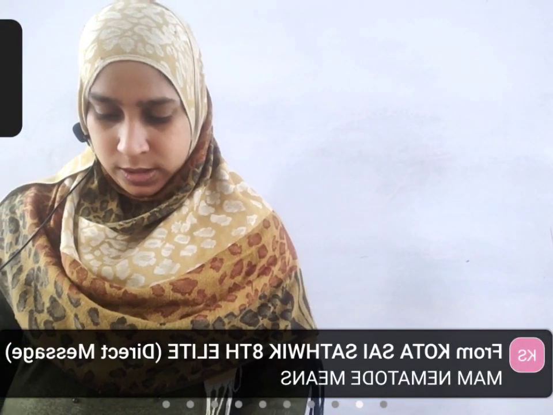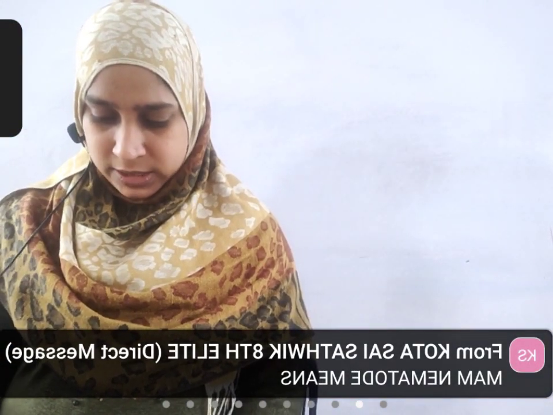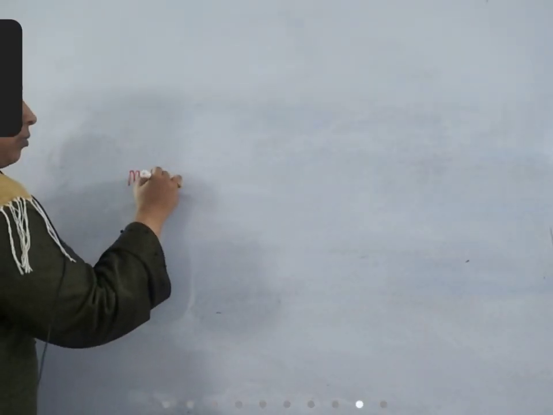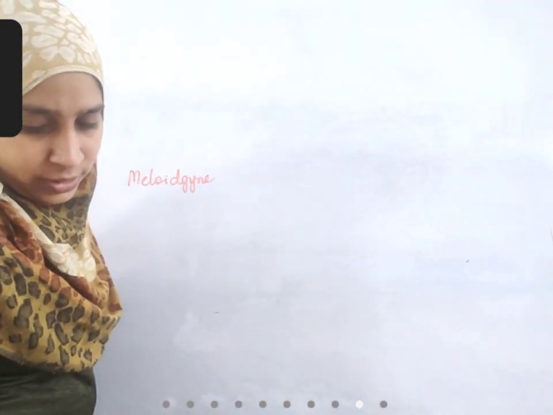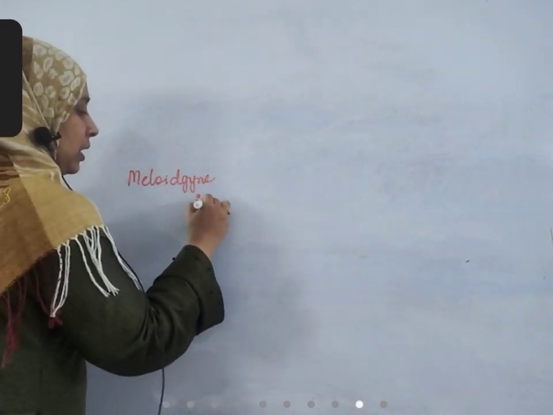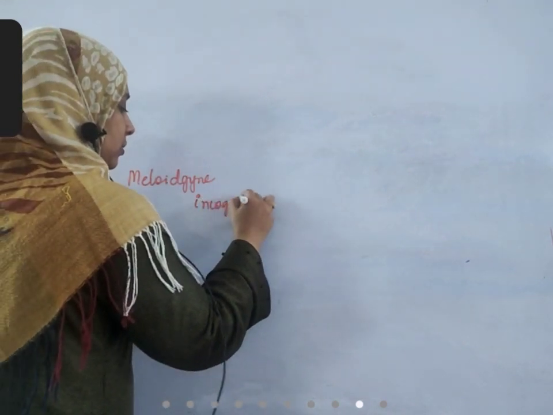So there is a nematode. Its name is Meloidogyne incognita. This is a nematode.